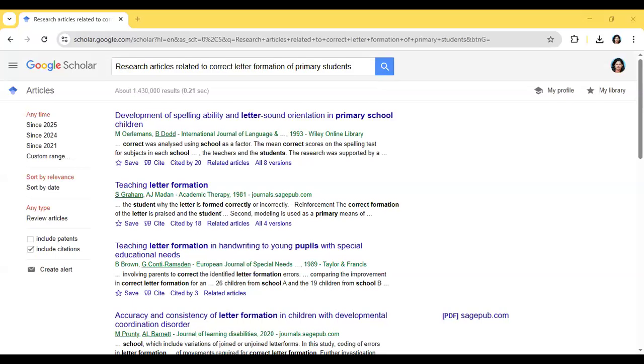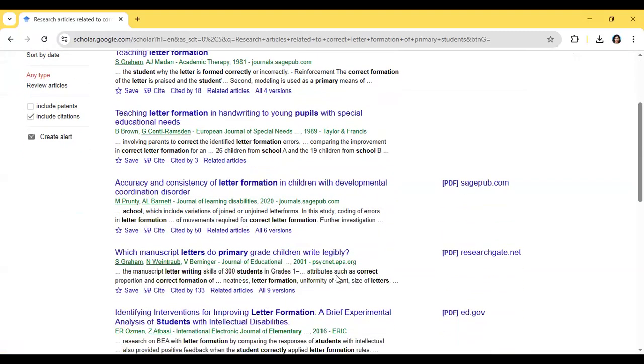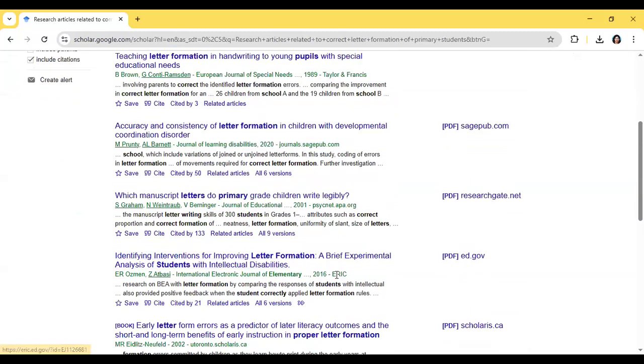Teaching letter formation in handwriting to young pupils with special education needs. Accuracy and consistency of letter formation in children with developmental coordination disorders. You don't need to take the special education needs and disorders ones. Others you can take, like letter formation so primary grade children write legibly.